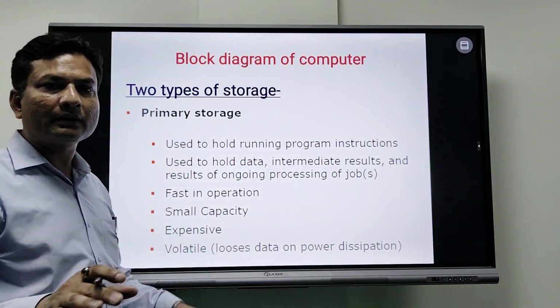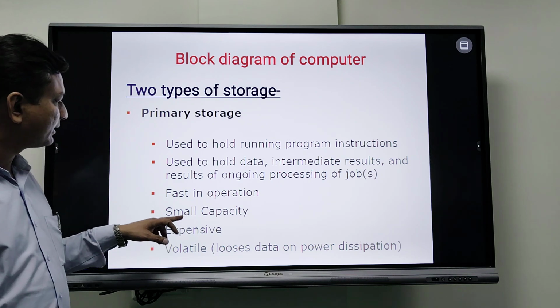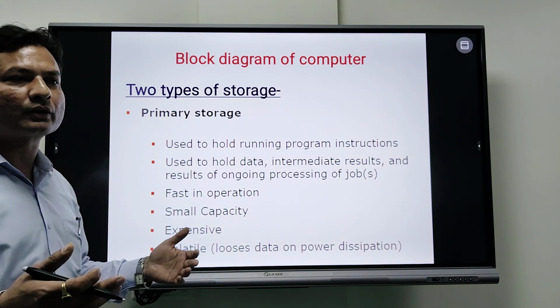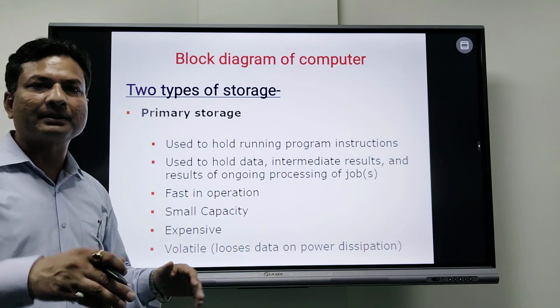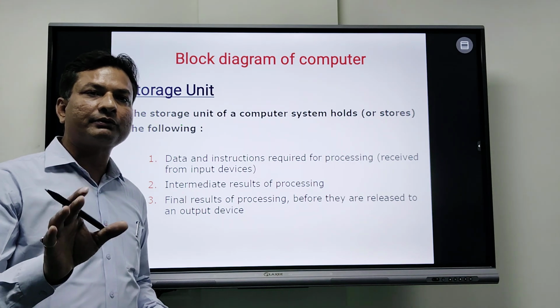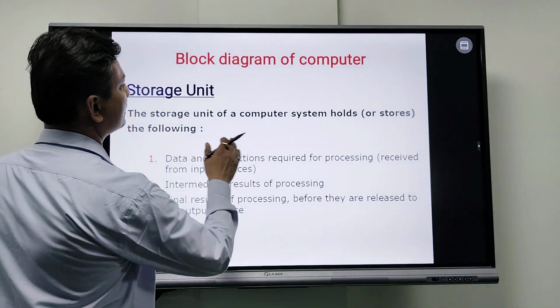Now we will look into the features of secondary storage. Obviously, like primary storage is fast in operation, the feature of secondary storage would be that it is slow in operation as compared to RAM. The storage capacity of secondary storage is large, very large. Now have a look.